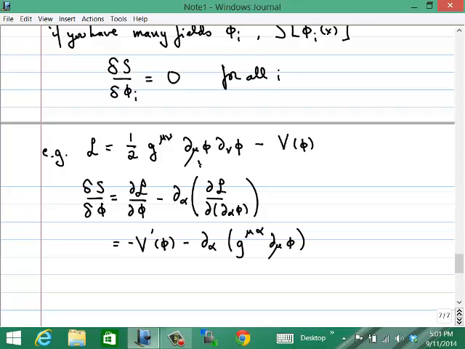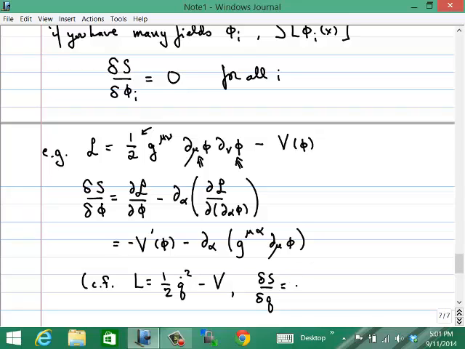There's the first term where you take the derivative of this guy with respect to ∂φ, and the term where you take the derivative of this guy with respect to ∂φ. That's why I put that 1/2 out there to begin with. You should think in your head about the comparison with classical mechanics, where the Lagrangian was 1/2 q̇² minus V. Then the variation of the action with respect to q, what is that?